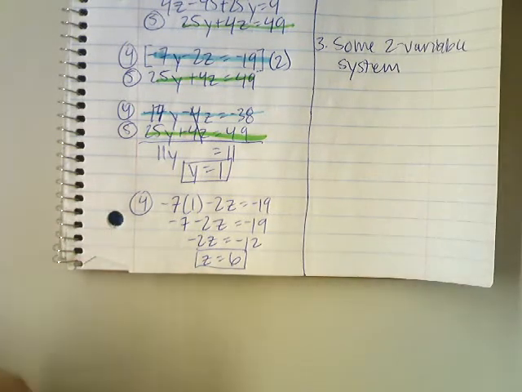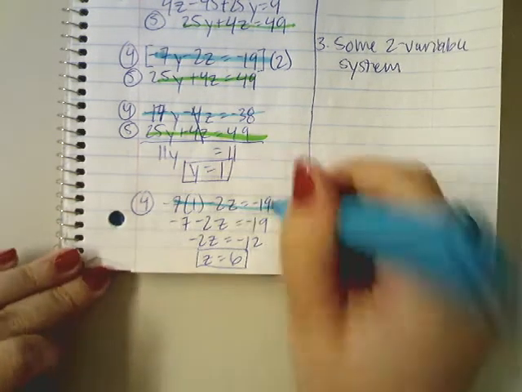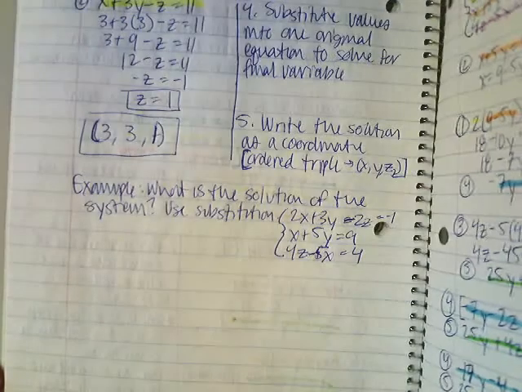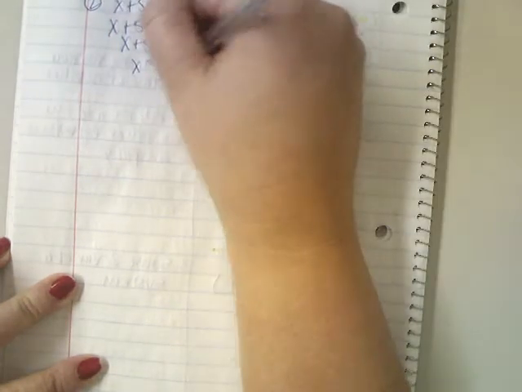So I'm flipping the page. And I'm solving for x. So I'm using equation number 2. So I have x plus 5y equals 9, which becomes x plus 5 times 1 equals 9. X plus 5 equals 9, so x is equal to 4.